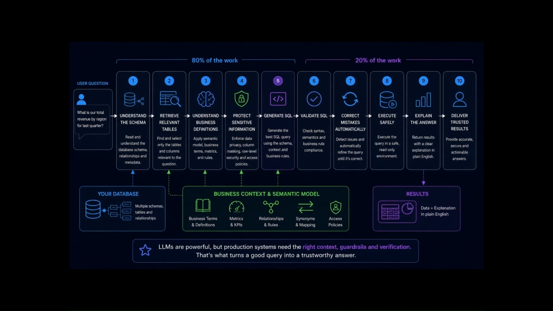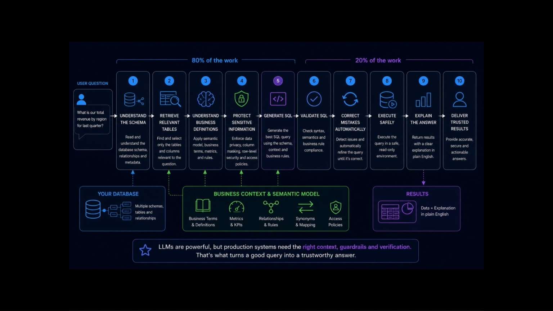Even after the LLM understands your question and your business context, their work isn't finished. A production grade text to SQL system has to orchestrate an entire pipeline before it can safely return an answer. It needs to understand the database schema, retrieve only the relevant tables and columns, apply the correct business definitions and semantic context, protect sensitive information, and enforce access policies, generate SQL, validate the generated query, automatically detect and correct mistakes, execute the query safely, and explain both the SQL and the results to the user.